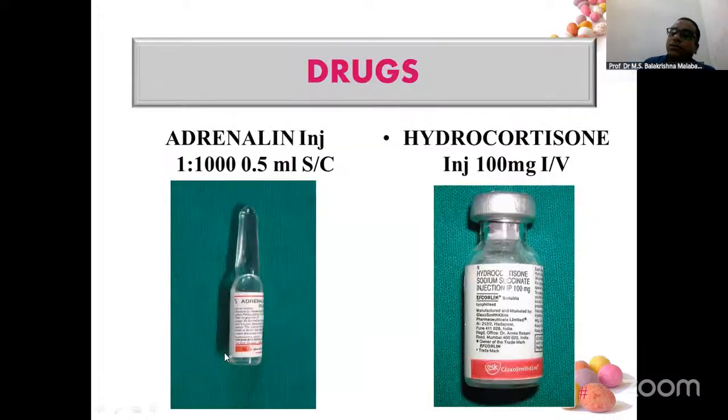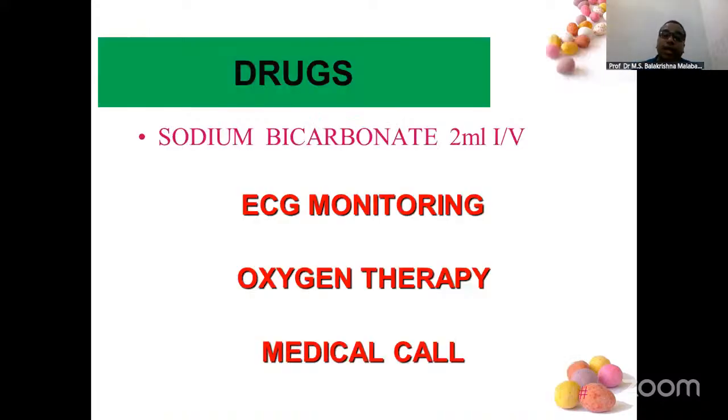Then what you can give is adrenaline injection, 1:1000, right? Because the heart may not be responding. So adrenaline injection will be good to stimulate the heart. And hydrocortisone injection 100 mg IV also can be given in conditions where the patient's heart is not responding. So to stimulate the heart, adrenaline and hydrocortisone can be given. Along with that, sodium bicarbonate.